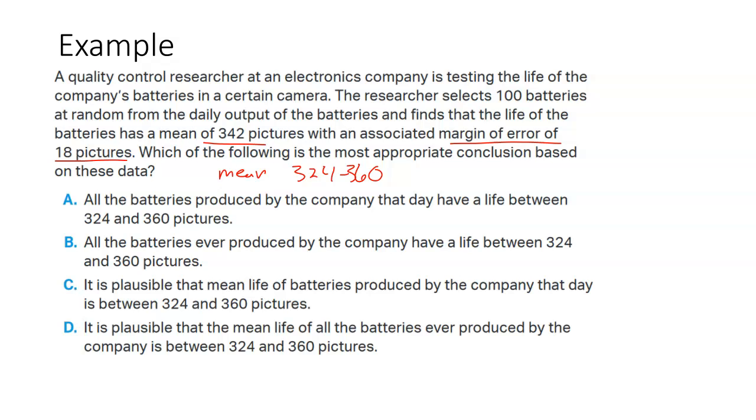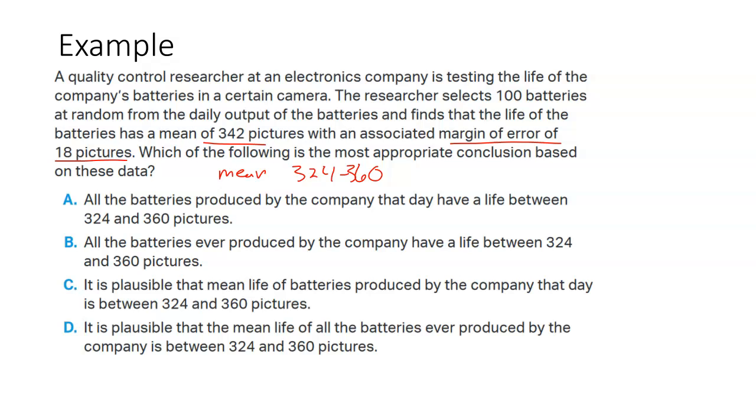So let's read all 4 of these, and then we're going to go back down the list to see which ones make the most sense. Okay? All the batteries produced by the company that day have a life between 324 and 360. All the batteries ever produced by the company have a life between 324 and 360.